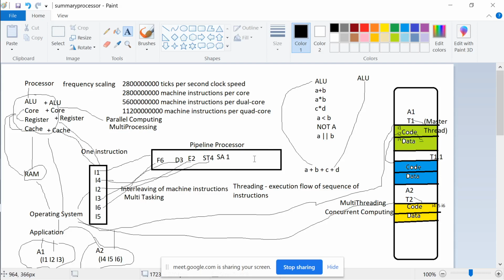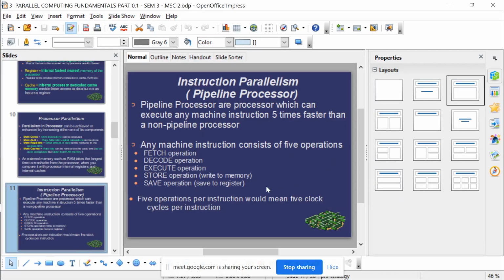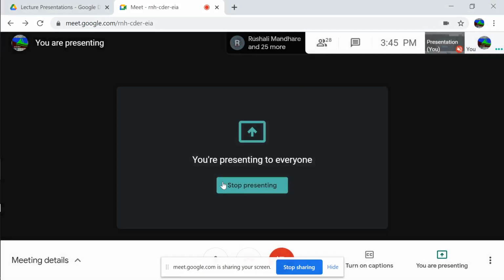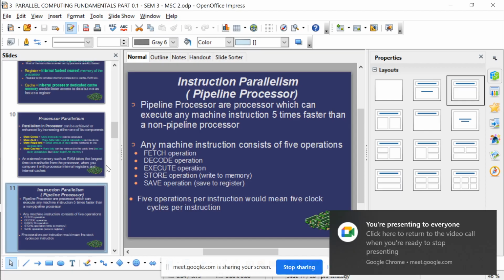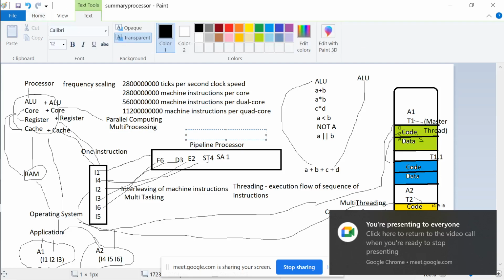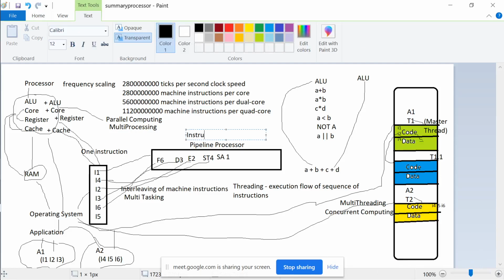So this is also parallelism, right? This kind of parallelism is at the instruction level, and hence it is called instruction level parallelism.